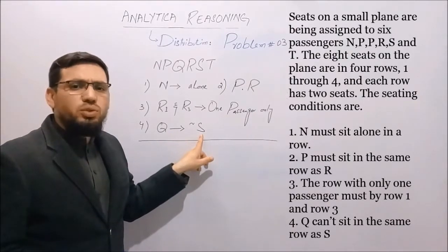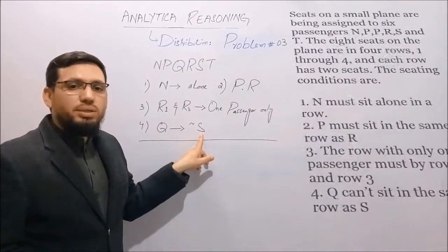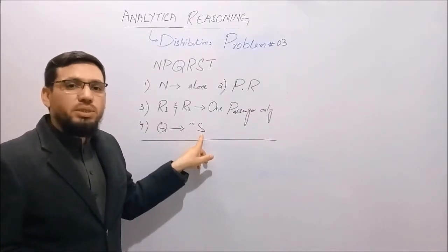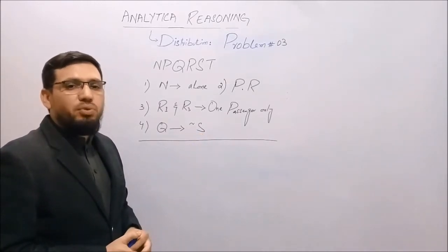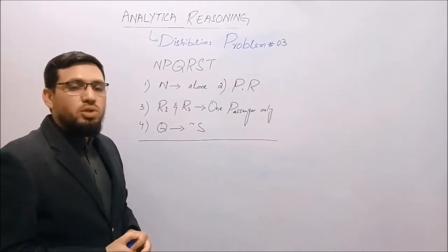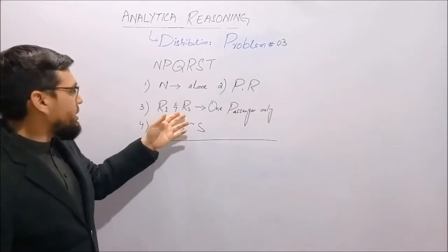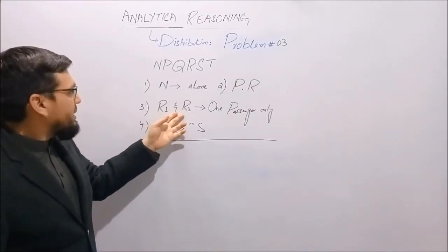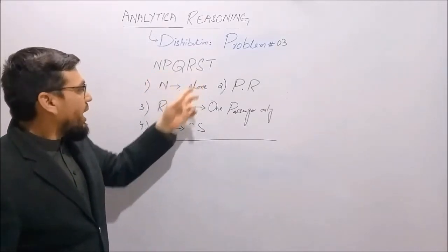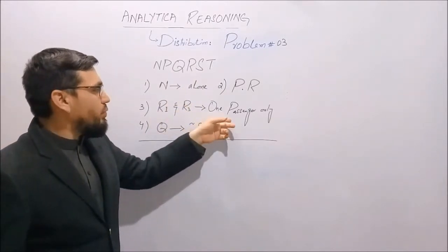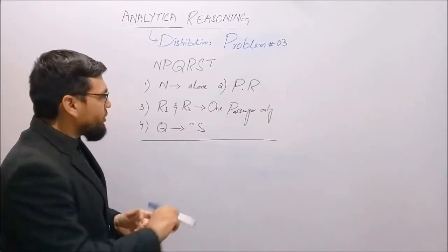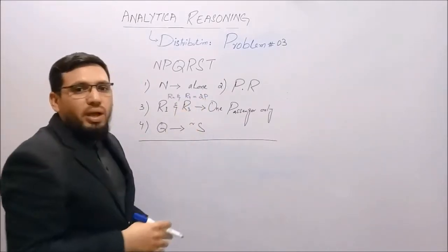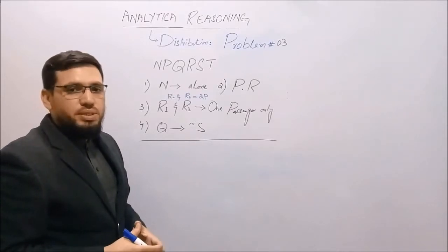Before moving to the question section, I want to share a valuable technique: look out for the implied information, or implied link information, before solving your questions. If we look at our restrictions, there are only 6 passengers and row 1 and row 3 will contain only one passenger each. It means that row 2 and row 4 will have 2 passengers.